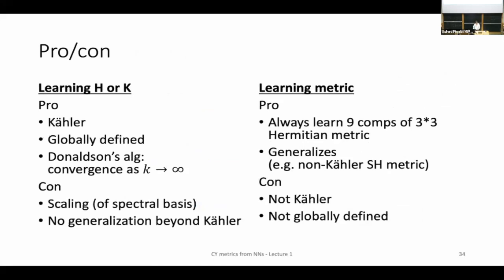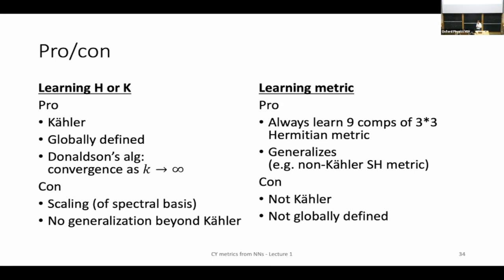So what are the pros and cons of these different ways of learning things? Well, if you learn the Hermitian matrix H or K, then you're guaranteed to get a Kähler prediction. You're guaranteed to get something that is globally defined. And if you're using some Donaldson algorithm in some way, then you have the guarantee that your metric will converge to the Ricci-flat metric as K goes to infinity.